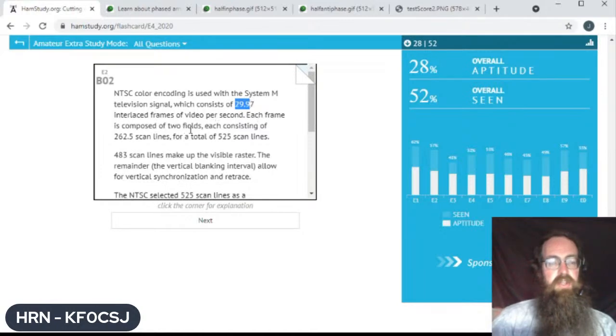Each frame has two fields for a total of 525 lines per frame.